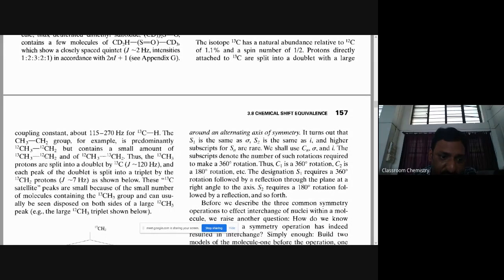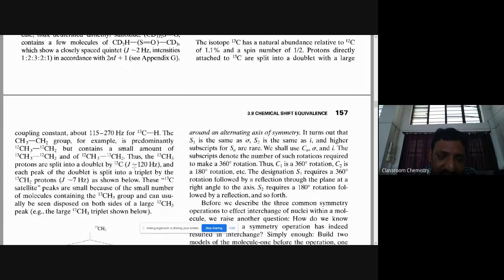So there may be in this compound a small amount of C13, here a small amount of C13. Thus the CH3 protons are split into doublet by what?